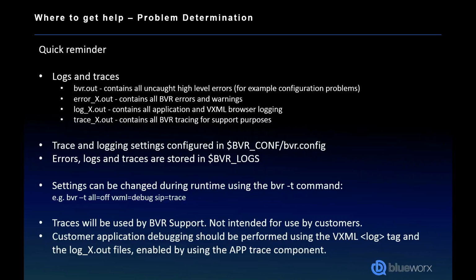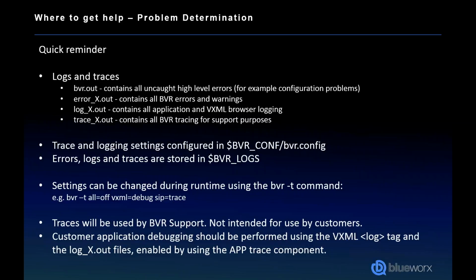This meant some downtime, and things would be reset and you may not recreate this. Obviously now we can do this using the BVR-T command, and you can run this without having to shut down BVR. I think it'll be a lot more useful for diagnosing problems on this platform.